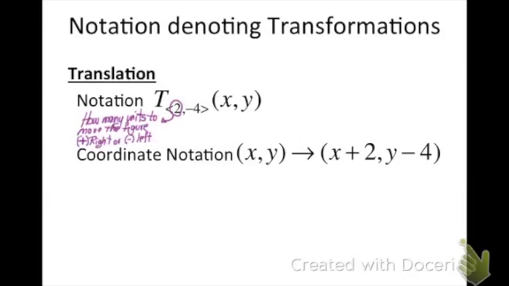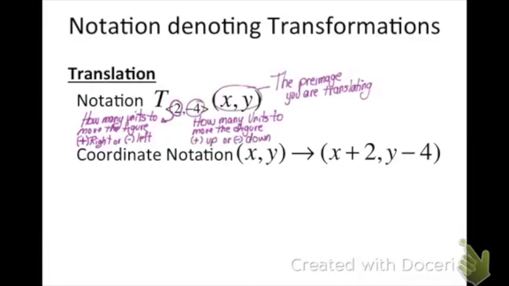The second thing mentioned in the subscript tells you how many units to move your figure, up if it's a positive number or down if it's a negative number. Normally, after they have this T notation, they will tell you what it is you are transforming, what the original pre-image is, but not always.